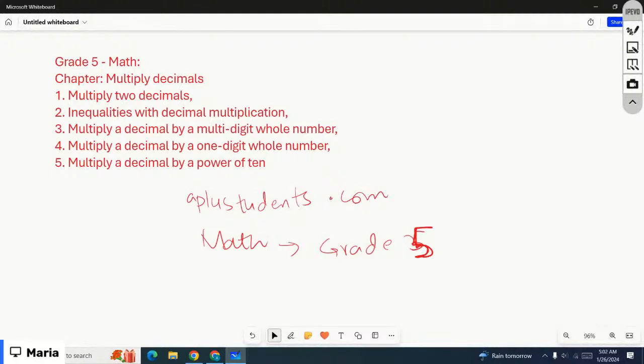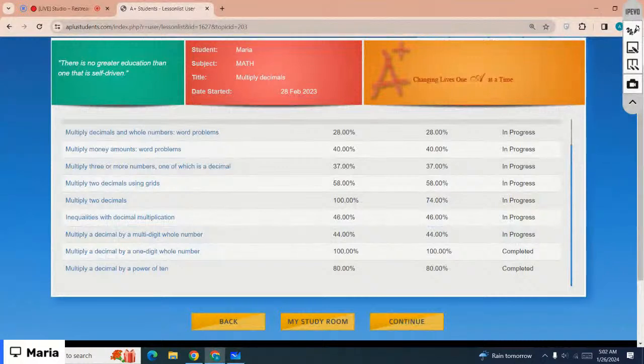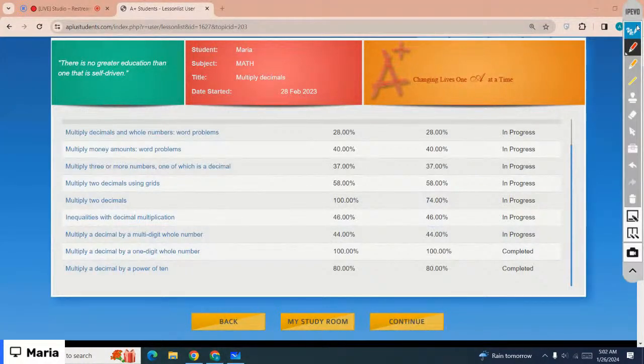So let's just start with the first lesson, that is multiply two decimals. Here I'm on grade 5 math. Chapter is multiply decimals.